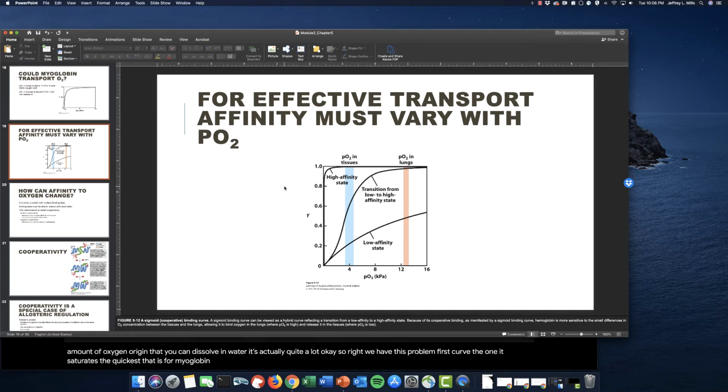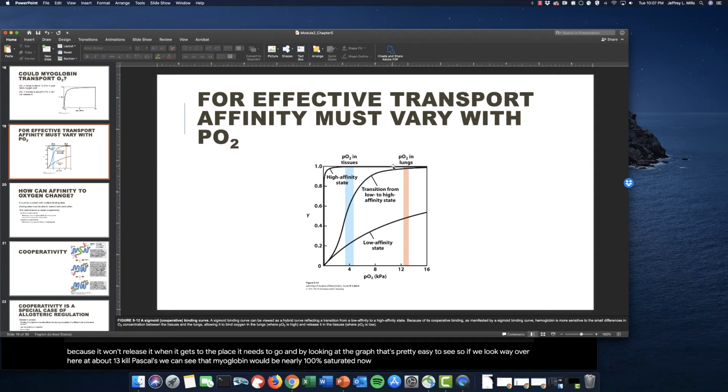And if you think about this, right, we said that it's not a good option for transporting oxygen because it won't release it when it gets to the place it needs to go. And by looking at the graph, that's pretty easy to see. So if we look way over here at about 13 kilopascals, we can see that myoglobin would be nearly 100% saturated.